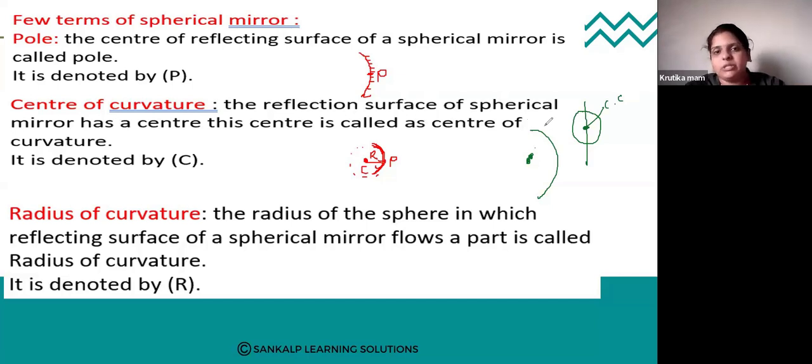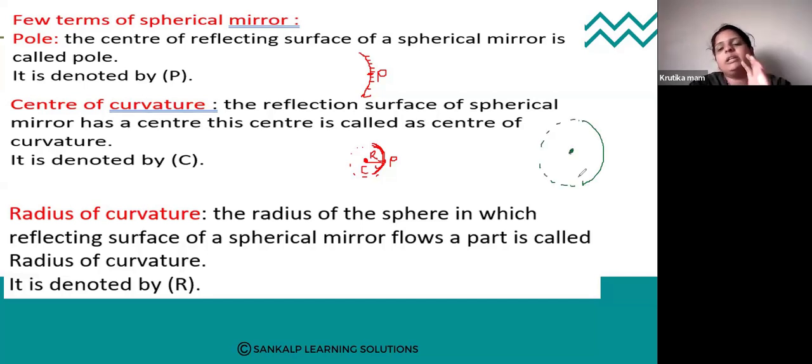Center of curvature. Another way to define it: the center of curvature is the point of the sphere of which the reflecting surface forms a part. With respect to this point, if you draw a circle, it will give you a sphere, which is the sphere that the spherical mirror forms.